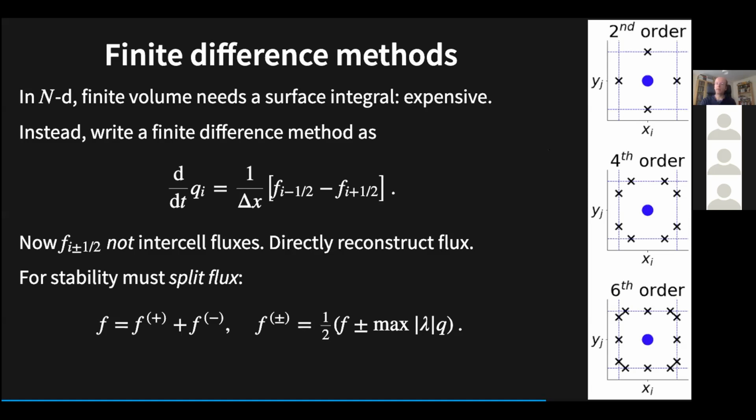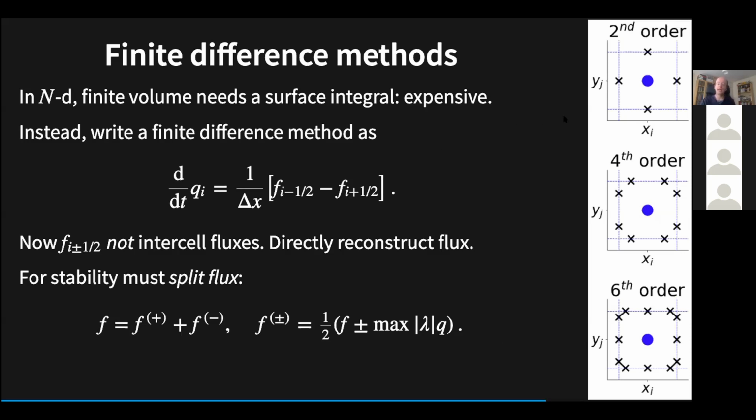Now the most efficient way of approximating an integral in general is to use Gauss quadrature. In Gauss quadrature you evaluate the integrand at k points in the boundary, and that gives you 2kth order accuracy if you choose the points and the weights appropriately.